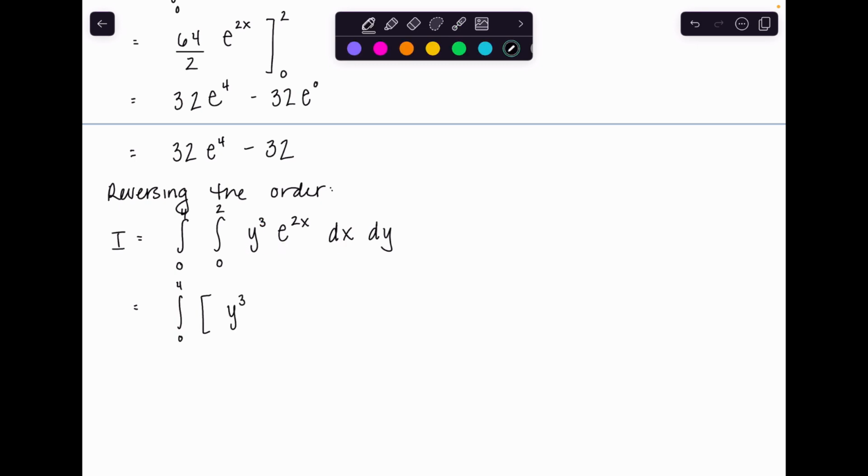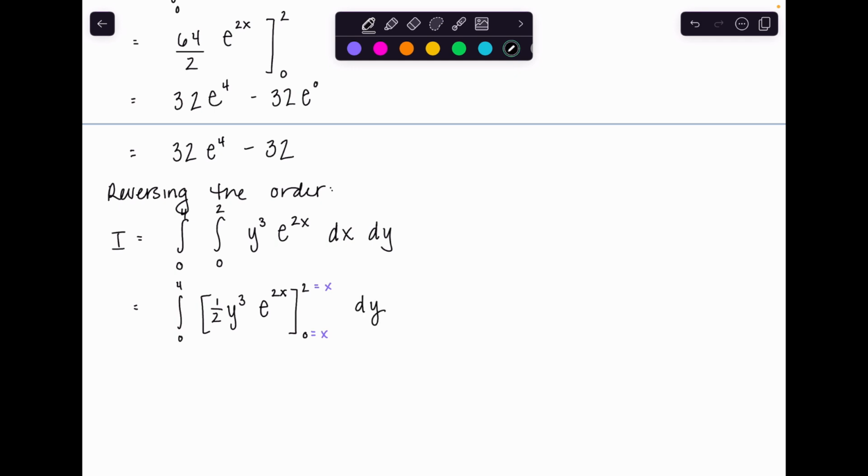That's just a constant. The antiderivative of e to the 2x would be e to the 2x, but then I have to take care of that constant. I get a 1/2 out front. And then we're going to need to plug in these bounds of 0 to 2. And this time I'm replacing x by this value.